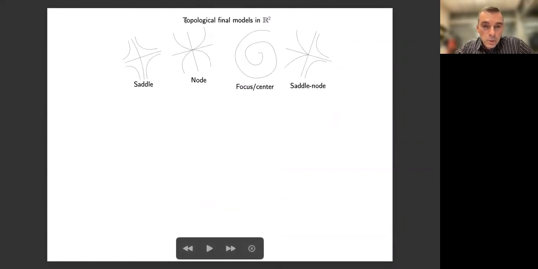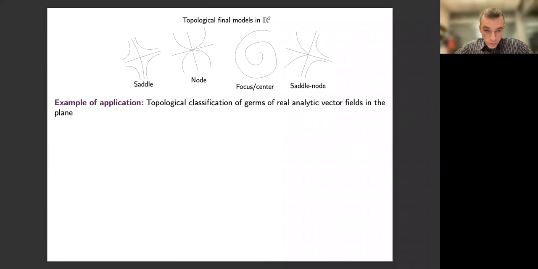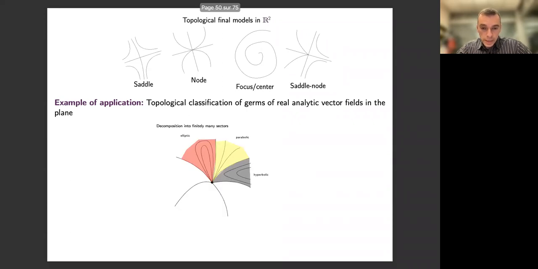So this is a small list of topological models that you have in dimension 2. These are precisely the phase portraits that we get near an elementary singularity. You see there is this focus, center, node. A nice example of application of this resolution of singularities result is that you have a topological classification of germs of real analytic vector fields in the plane near arbitrarily degenerate singularities.